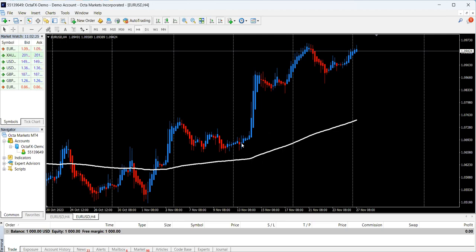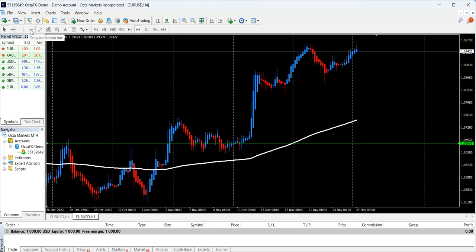As I've mentioned earlier in this video, this is an undecisive candle. This blue here, I won't take, because it's undecisive. But for this, I will take this trade. So let's say I enter my trade here.